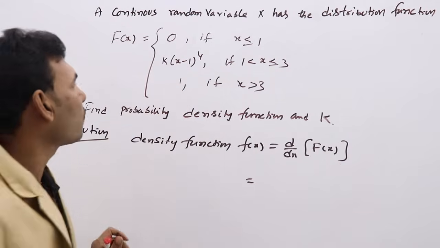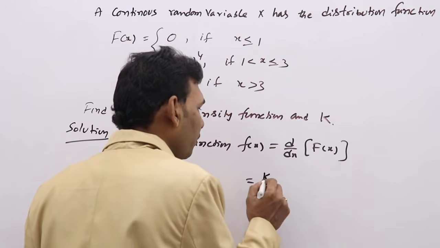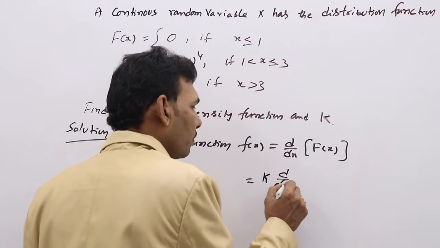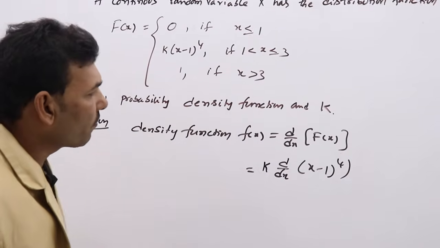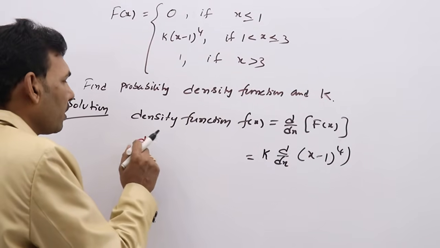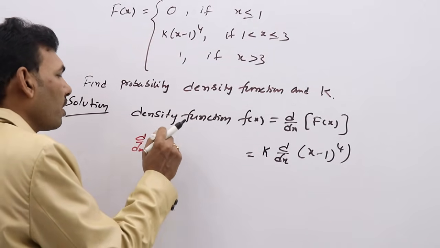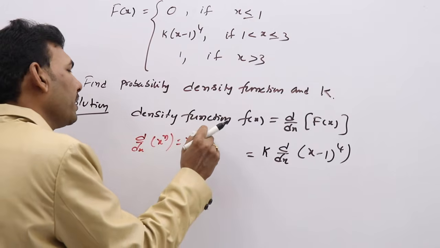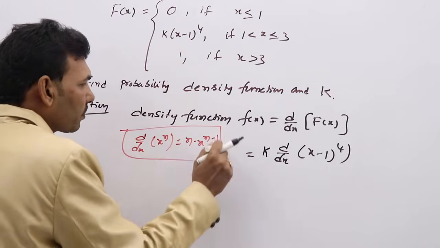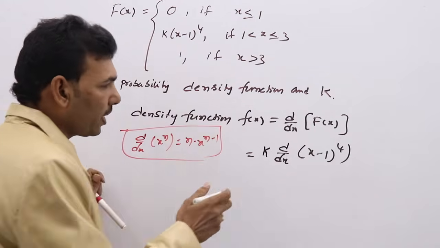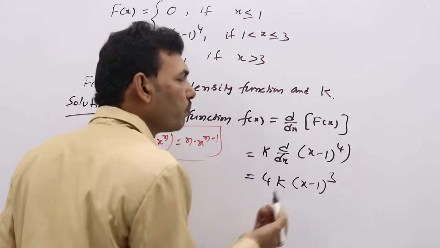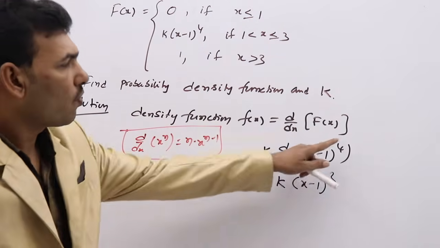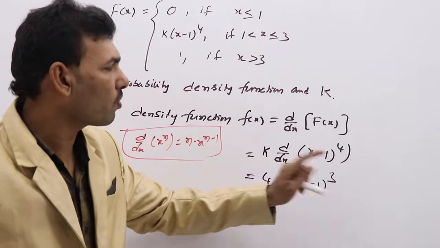So I am taking this one, k into d by dx of x minus 1 whole power 4. By using the famous differentiation formula, differentiation of x power n is n x power n minus 1, so we can evaluate that. 4k into x minus 1 whole cube. 4 into x minus 1 whole power 4 minus 1.